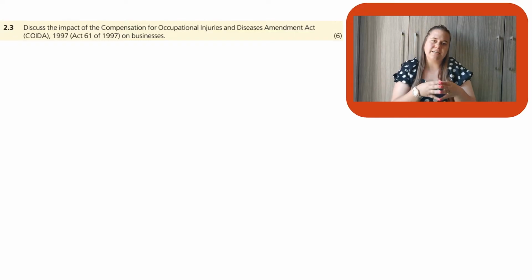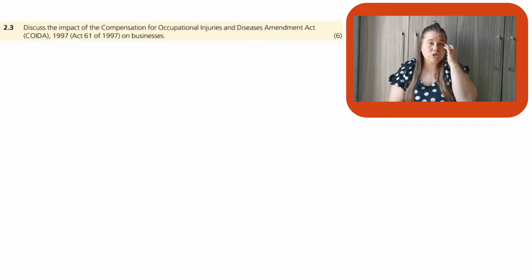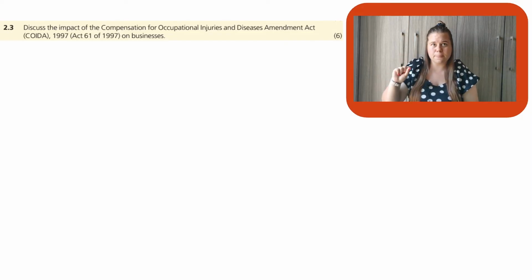Because they've just stated impact, they haven't stated whether it's positive or negative, you are allowed to state all of the positive if you want to, that's option 1, all of the negative, or the third option is you have a few positive and a few negative. So seeing here it's out of 6 marks, we know 2 bullets, we know that 2 marks is for 1 bullet.